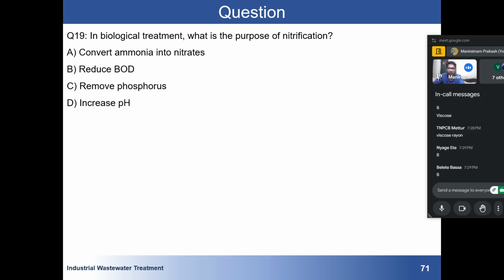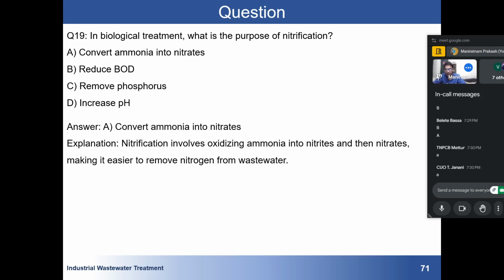In biological treatment, what is the purpose of nitrification? This is a simple question, there is only one correct answer. Is there any relationship between BOD and nitrates? Yes, the correct answer is A, but I am asking a different thing. Does BOD have any relationship with nitrate or not?